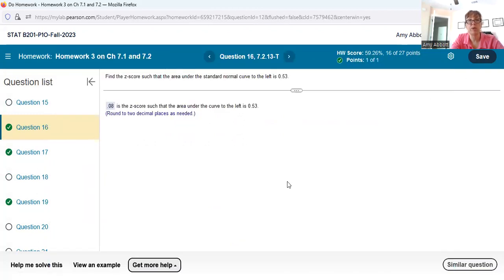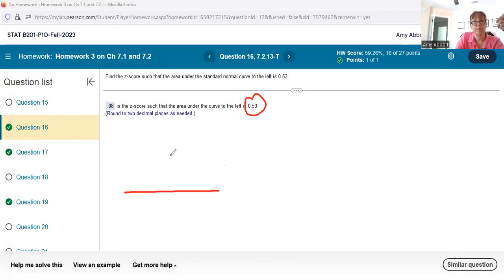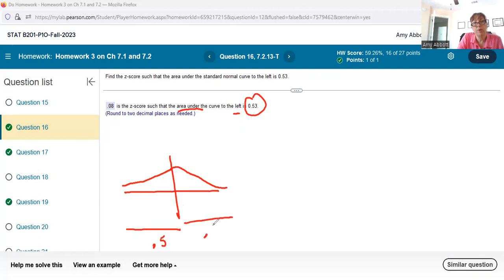All right, so this question is the opposite of what we were just doing. This question wants you to find what the Z-score is given the area. So if we're given that the area under the curve to the left is 0.53, so remember half of the way was 0.5, the other half is 0.5.